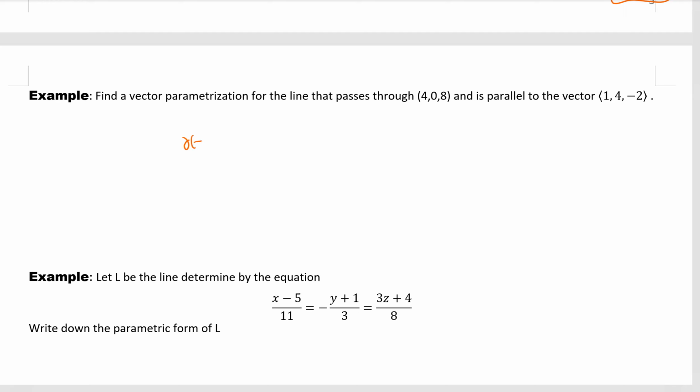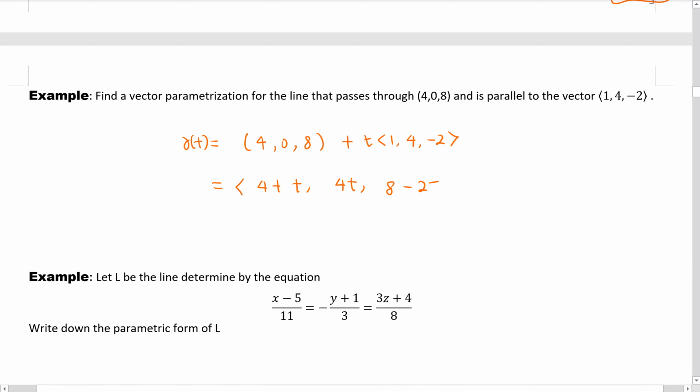So the parameterization equals the point plus t times the vector. Okay, so the result, we assume it's going to be a vector. So that is 4 plus t times 1, so 4 plus t. And then 0 plus 4 times t, so 4t. And then 8 plus t times negative 2, so 8 minus 2t.